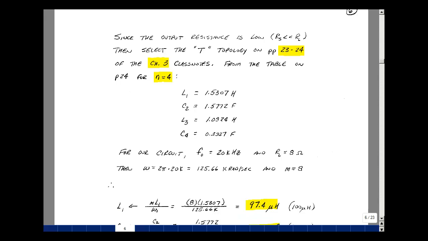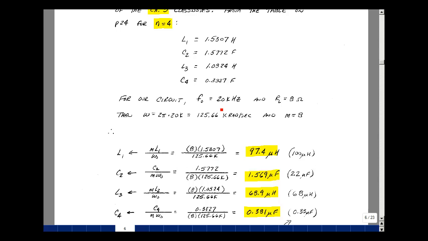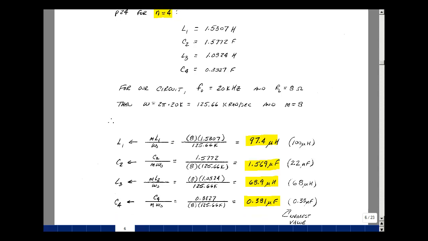Well, again, those are very large values of L and C, but we're going to scale those. Make our corner frequency 20 kilohertz, R sub L of 8 ohms. We're going to use our scale factor of M, which would just be the value of our resistor, scaling it from this case of a 1 ohm resistor to an 8 ohm resistor. Multiply 2 pi by 20 and get 125.66 kiloradians per second. We're going to take a magnitude and frequency scale.